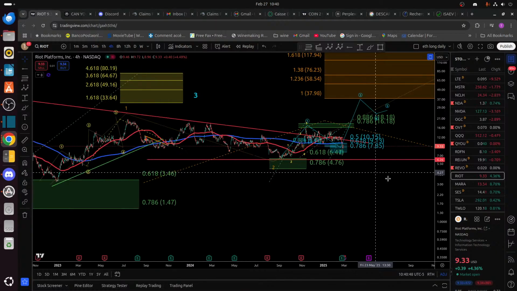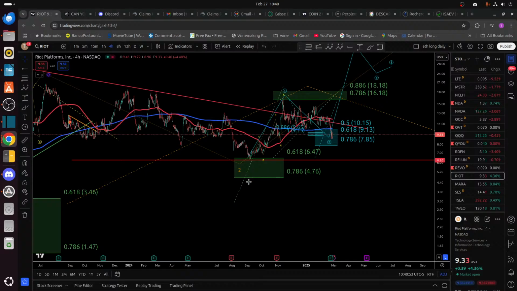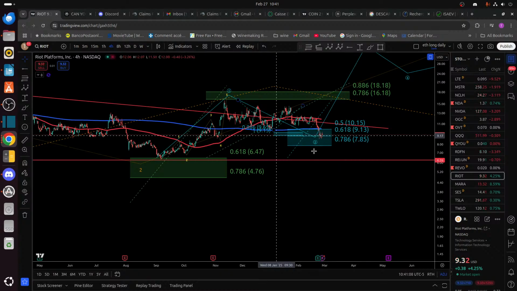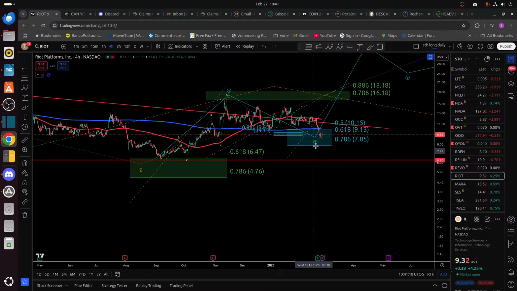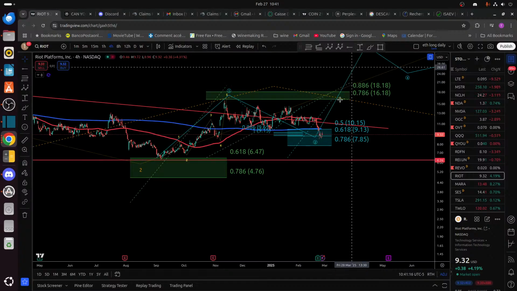Now to give a chance to this, actually Riot is much better than Mara, by the way, but I can count 5 waves, and we have ABC, but now price needs to reverse. It's still in the fib retracement level for the allegedly wave 2, but it has to do something now and move to the third wave. If price moves, then we should see a very nice substantial gain.